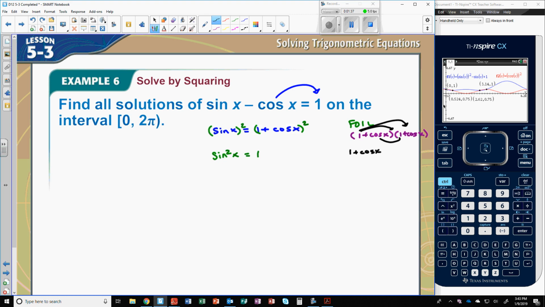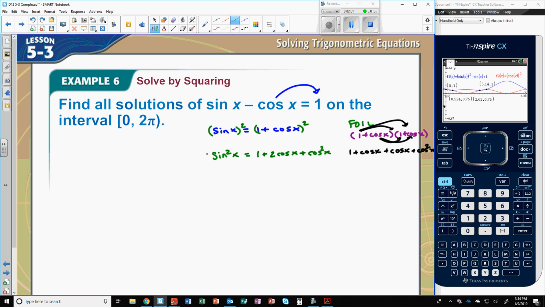But then I do this here and have another cosine x. And then finally, cosine times cosine is cosine squared x. And so when I simplify these terms, I have 1 plus 2 cosine x plus cosine squared x. So now I have all of this.